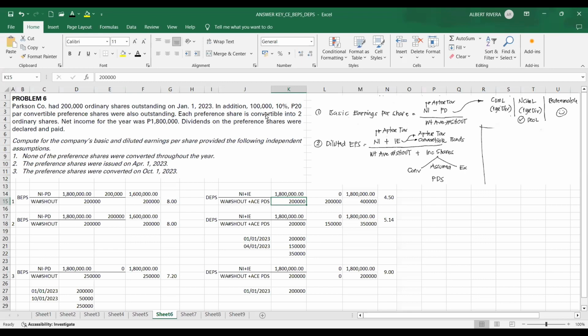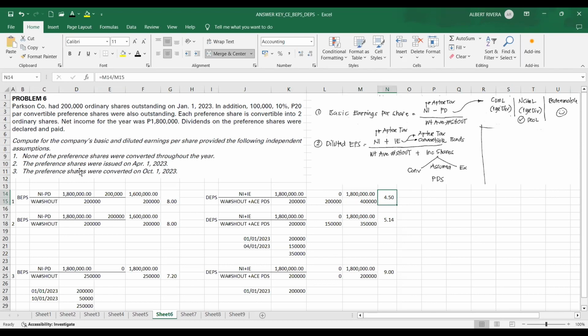And this is issued when? January. Kaya ang assumption, nangyari yun ng January. So 100,000 here times 2. So yun, iyan yung denominator. 400,000. This is now 4.50.